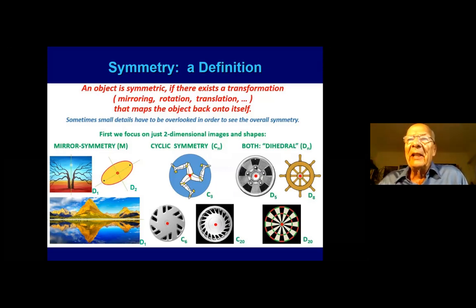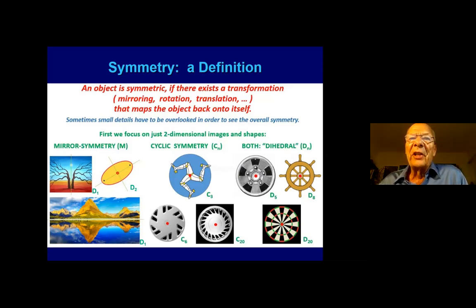Then towards the right, we have rotational symmetries, as you may find in hubcaps or in steering wheels. In the middle, there are the cyclic rotational patterns C sub n. The sub n indicates the fraction of a full 360-degree rotation that you need in order to bring the pattern to coincide with itself.